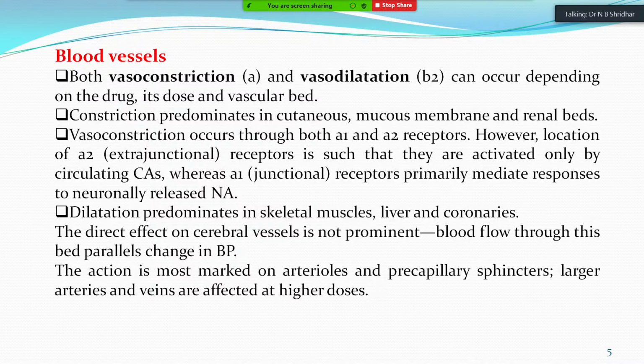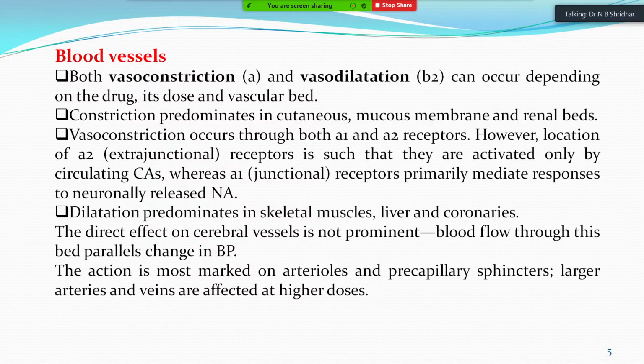And what happens if adrenaline is given directly, and also with the endogenous release of adrenaline or norepinephrine? There will be both vasoconstriction and vasodilatation. The vasoconstriction occurs due to the alpha 1 type of receptor, whereas the vasodilatation occurs due to the beta 2 type of receptors, depending upon the drug, its dose and the vascular bed.